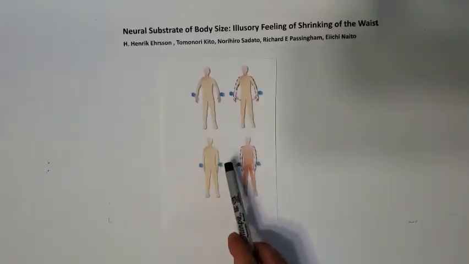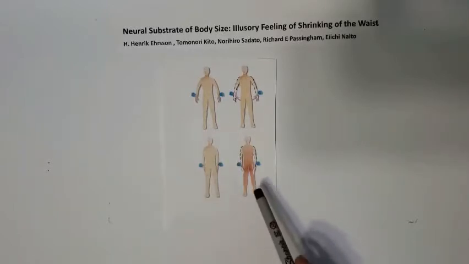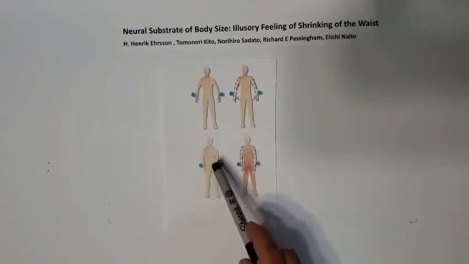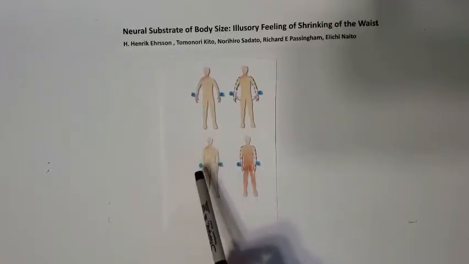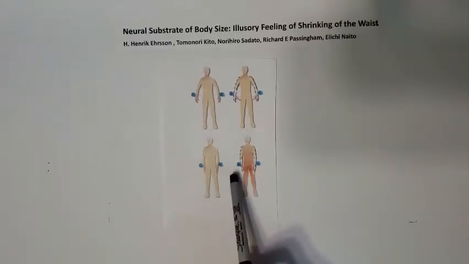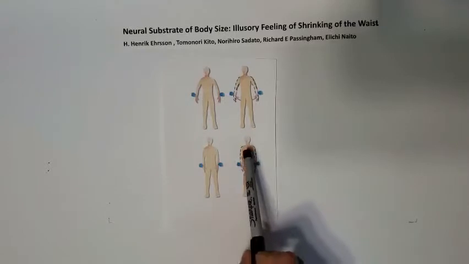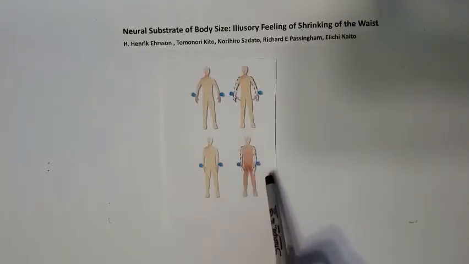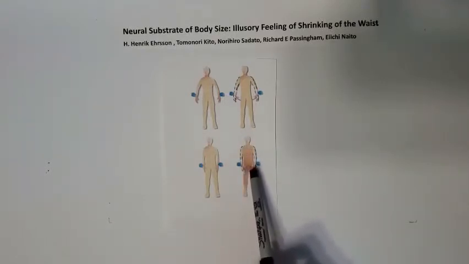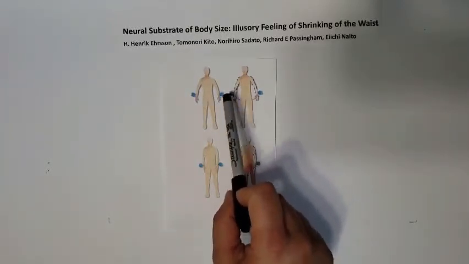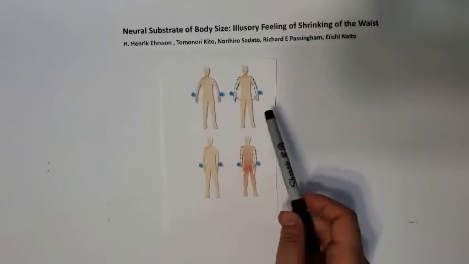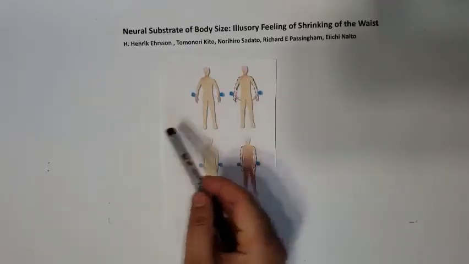In the other condition, they asked the participants to stand in such a way that their hands were touching the waist or the hips, and the vibration was introduced, and that gave them the illusion that the waist or hip was contracting, or in some cases expanding.